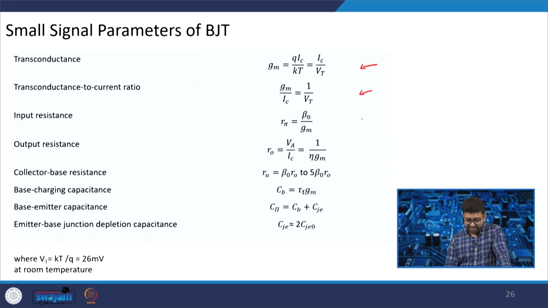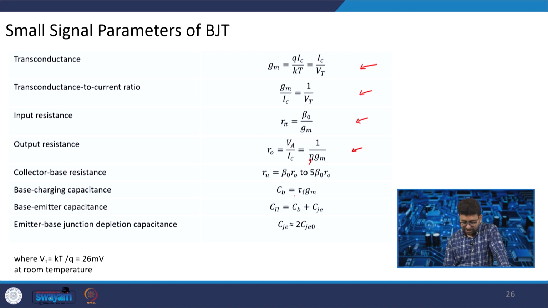Your input resistance R pi is given by beta, which is current gain, by gm. Output resistance RO is given by VA by IC, which is 1 by eta into gm, and eta is a process dependent parameter. And collector base resistance ranges from beta RO to 5 times beta RO.